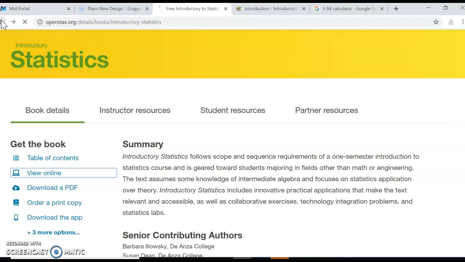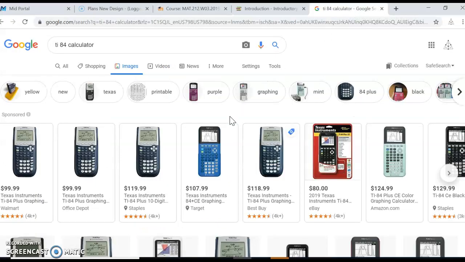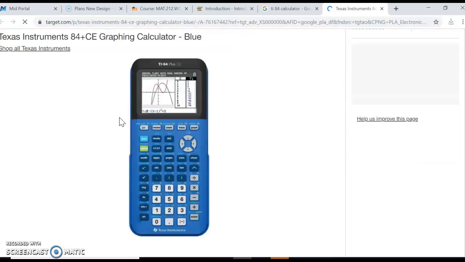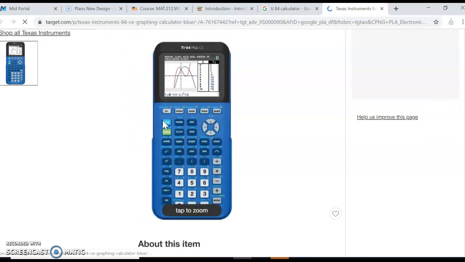Now, the other thing you're going to want and you're going to need is a calculator. The calculator that we use here is a TI-84. You can see some pictures of that. If I click on that, let's see, that'll take me to the Target website probably. Yep, TI-84. There's different versions of the TI-84. Any of them will work.